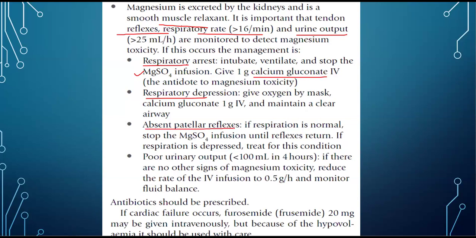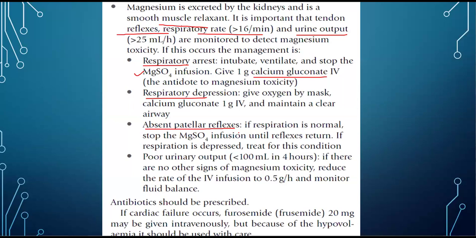If a patient has an absent patellar reflex, and respiration is normal, you can stop the magnesium until the reflex returns, and then you can restart once the reflex is back.